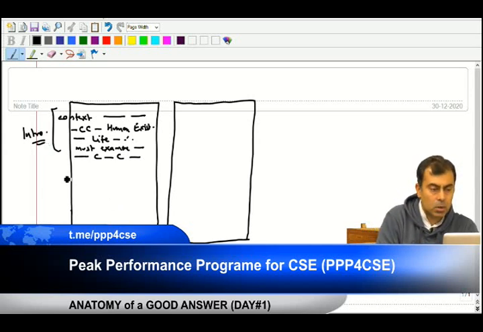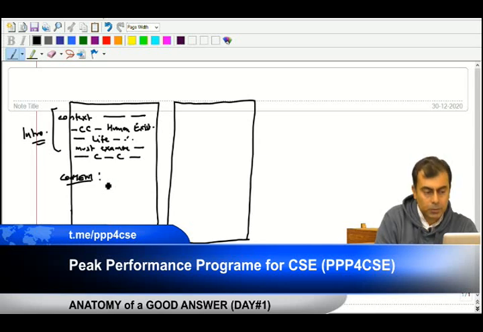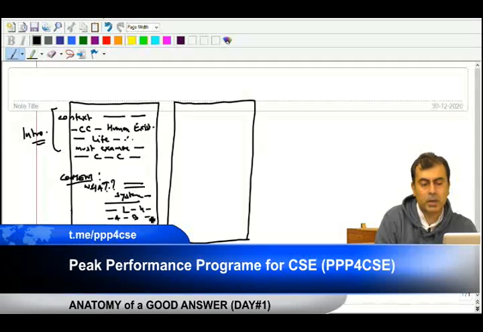Then I would come to the content of this answer. I would want to talk about the what of it. So, what is climate change? I would talk about the system. It is a system: lithosphere, hydrosphere, atmosphere, biosphere.